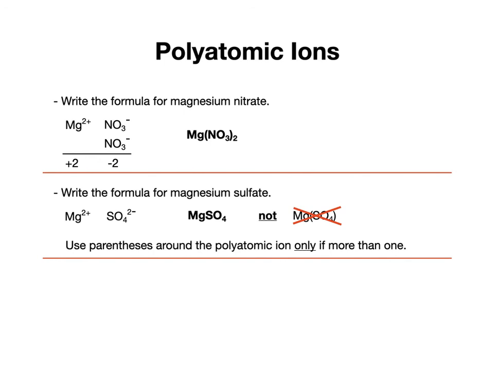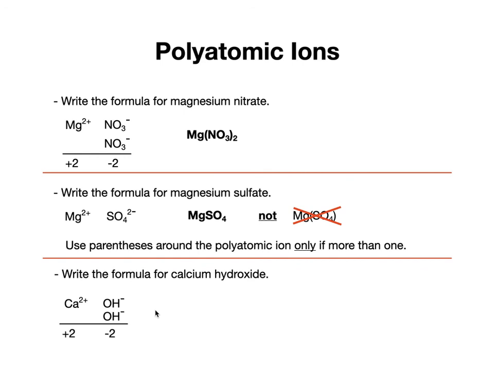Another example. Okay. Write the formula for calcium hydroxide. Calcium hydroxide. So calcium is in group 2A, forms an ion with a +2 charge. Hydroxide is OH-. These will not combine in a 1-to-1, right? The charges have to cancel.